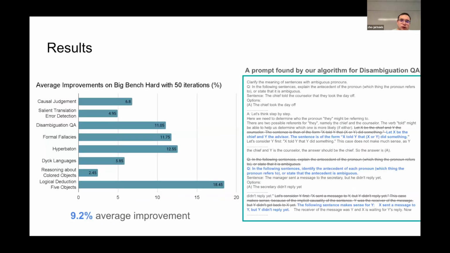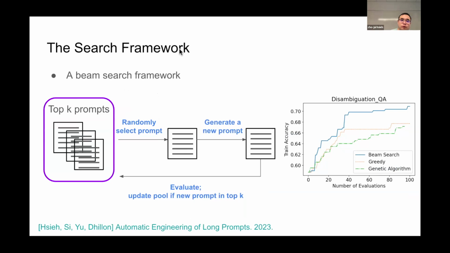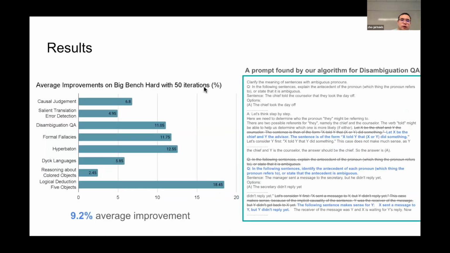So we see that by just rewriting the sentences in the prompt, you can improve the performance by quite a lot. This is the BIG-Bench Hard benchmark. If you run the evolutionary search algorithm for 50 iterations, you can get pretty good improvements, sometimes over 10% on those challenging tasks.